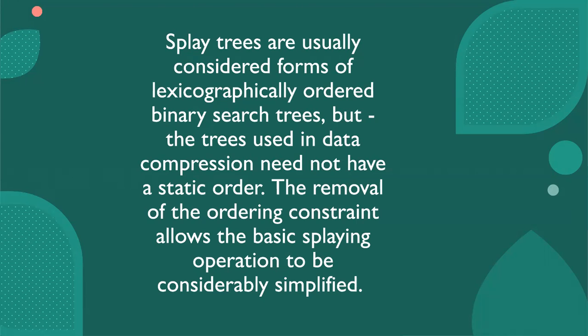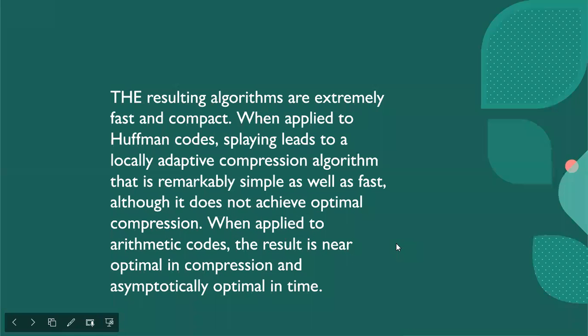Here the splay tree is a type of data structure, and it does not require any static order to remove the data. This is one of the features of splay trees, and it does not require any order to remove the data.